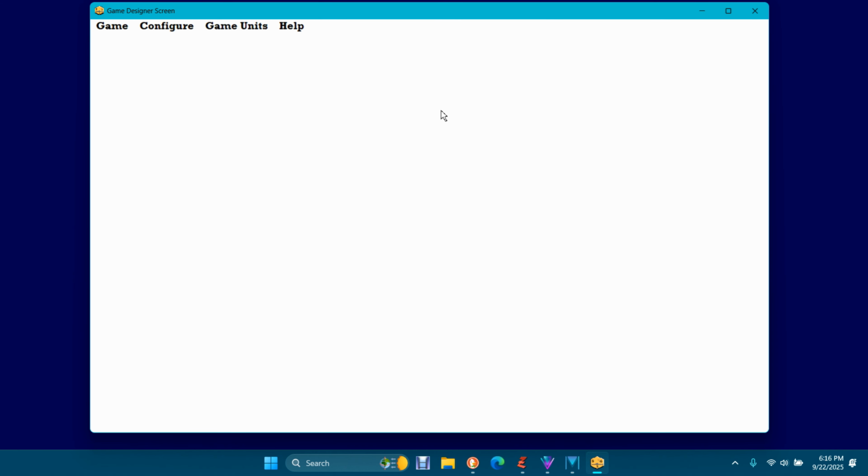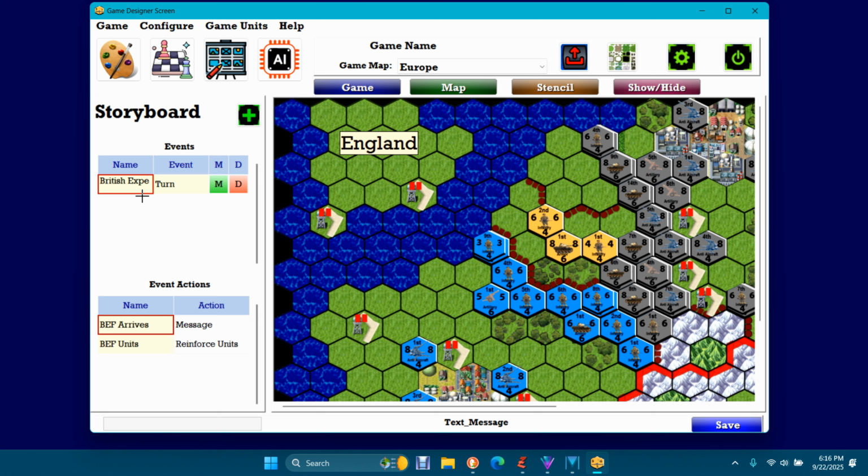In doing France 1940 as my initial game, I've built in the British Expeditionary Force, the game write-up that shows up, and the British Expeditionary Force reinforcement units coming on board, along with all the storyboarding and things that fire along the way. I want to point out a number of other changes.